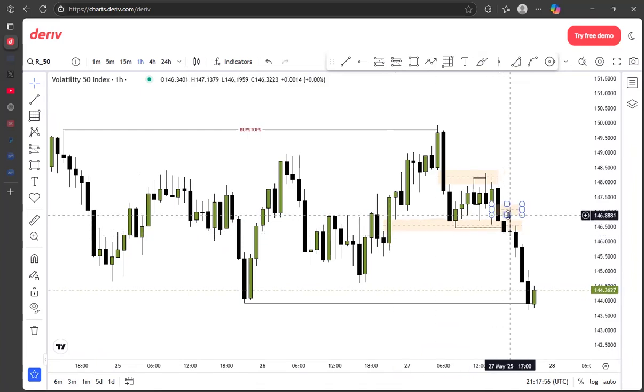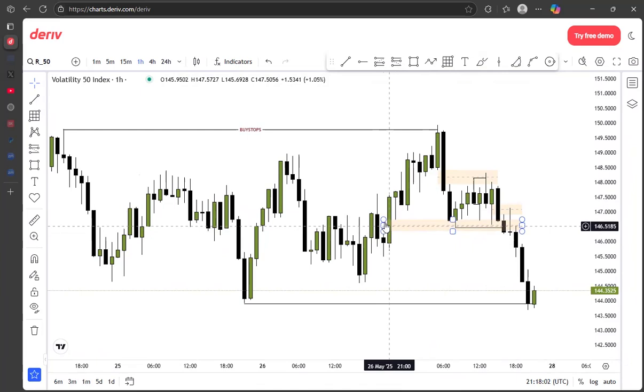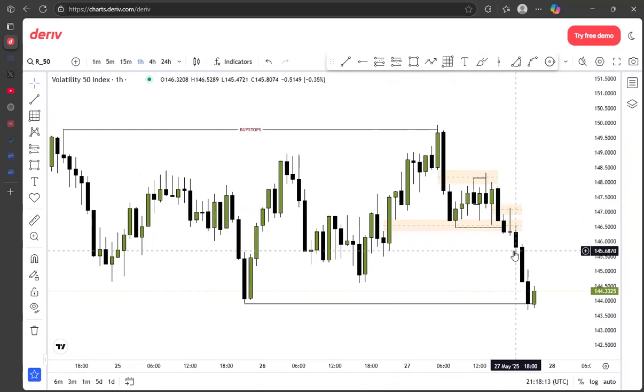This candle repriced back into this PD array. Did it close above consequent encroachment of this inverted fair value gap? No. So this is an indication that this thing is going to hold price lower.